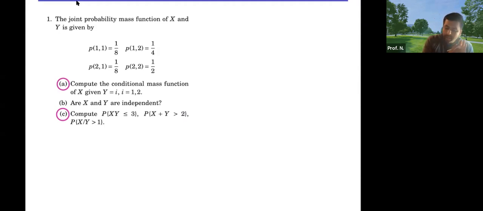Great. This is to compute a conditional mass function of x given that y equals i. So for part A, I want to know the probability that x equals 1, for example, when y equals 1.